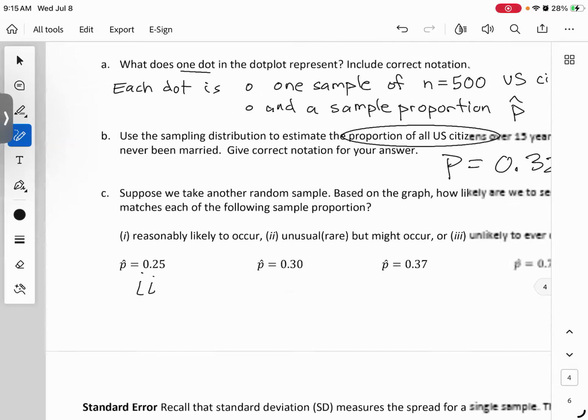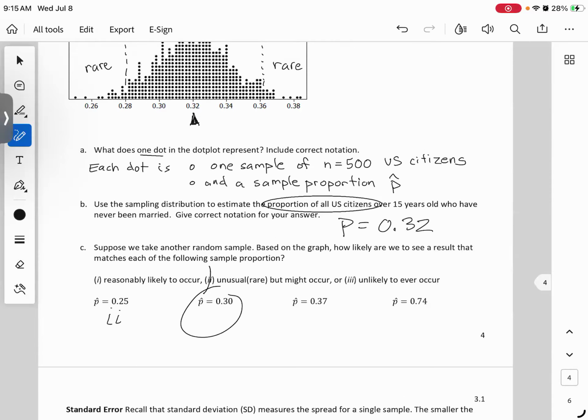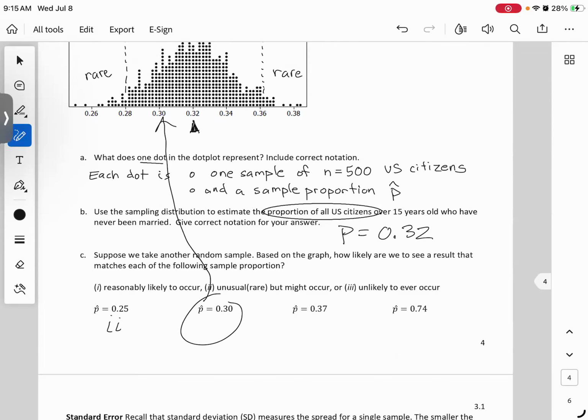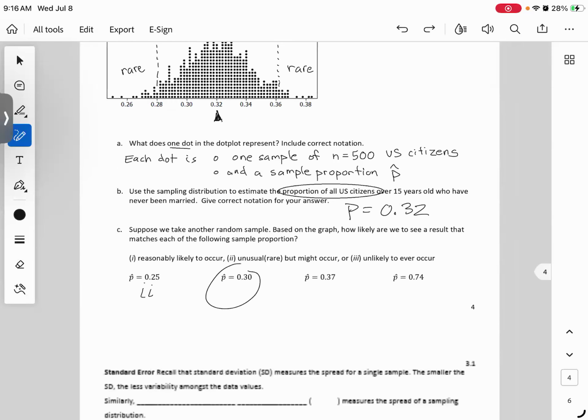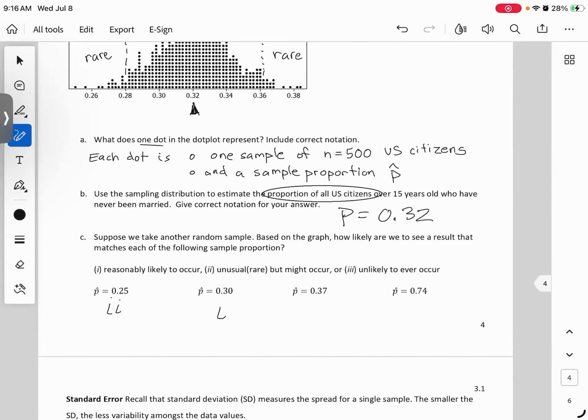And then something like 30%, that is right there. It has happened quite a few times, so that one's got a really good chance of being likely to occur. That would be an I, a pretty good chance, reasonably likely to happen.